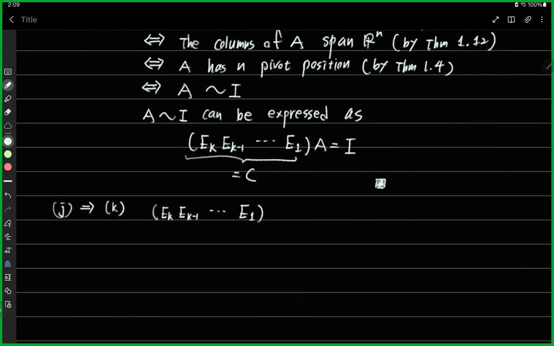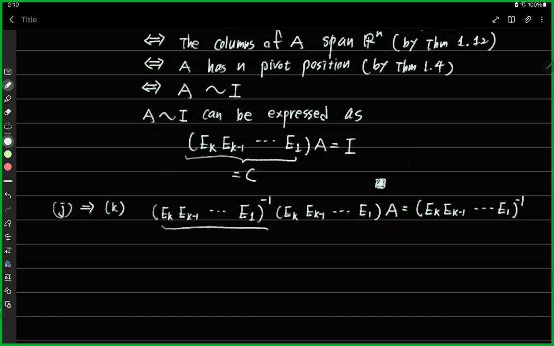I'm going to multiply EK through E1, the inverse, on the left on both sides. So then we got EK and EK minus 1 through E1, and then A is equal to EK minus 1 through E1 inverse.